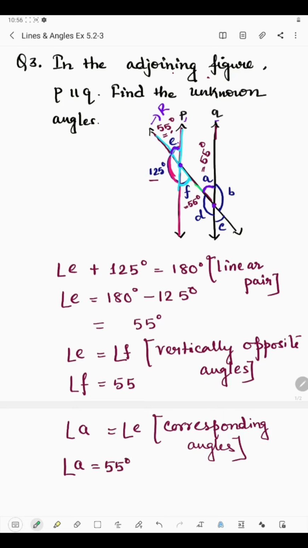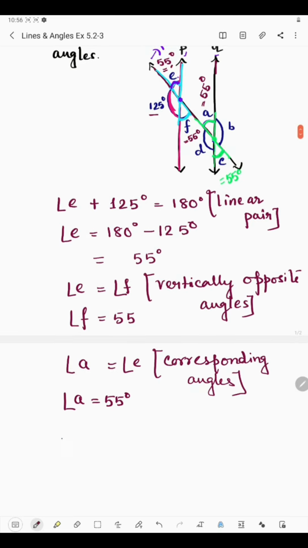Now again this line and this line intersect here, so opposite angles are equal. These two are vertically opposite angles as the two lines intersect here. So angle A will be equal to angle C, as these are vertically opposite angles.